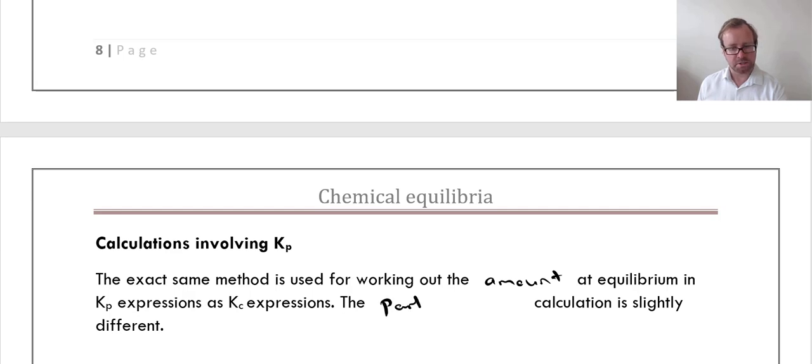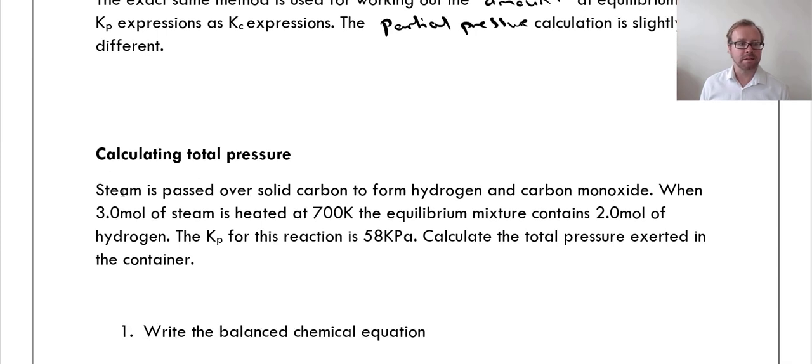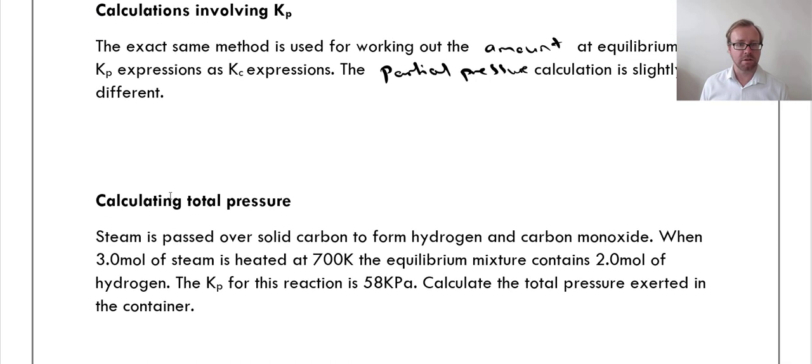Partial pressure calculation is slightly different, and that's what you've just done previously up there. So you should be able to answer this question on your own, and again, I want you to have a go at it on your own as well. I've left a page at the back here that you can use to fill out some notes if you'd like. You can either do it on a rough piece of paper or on the back of your notes.